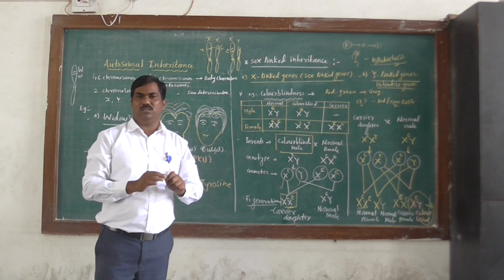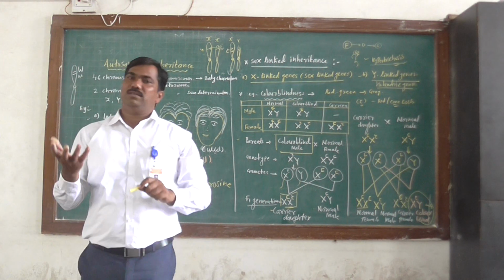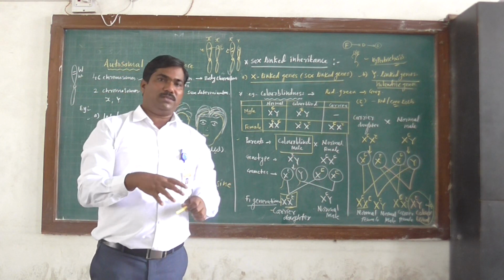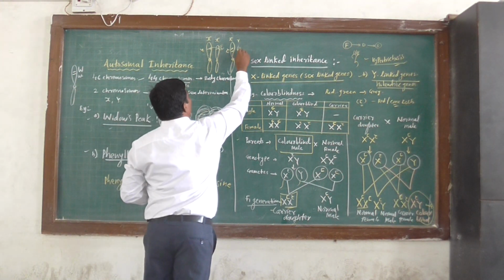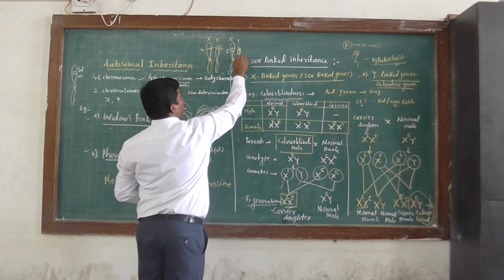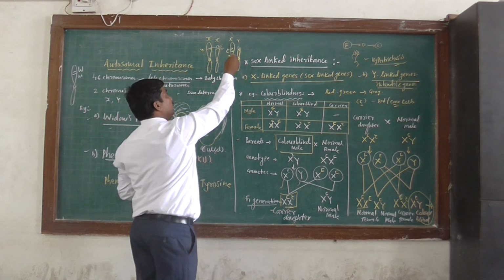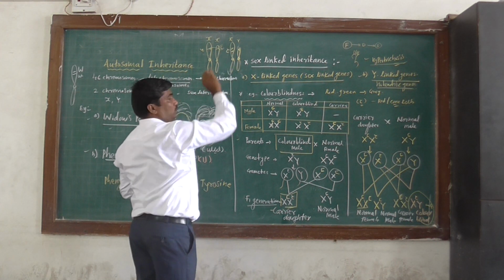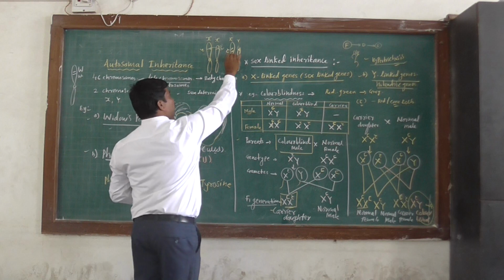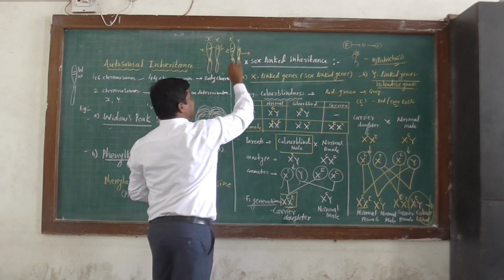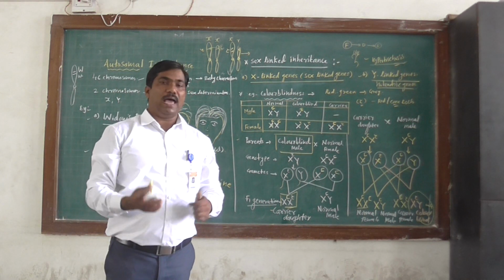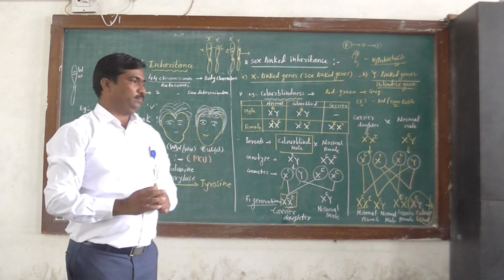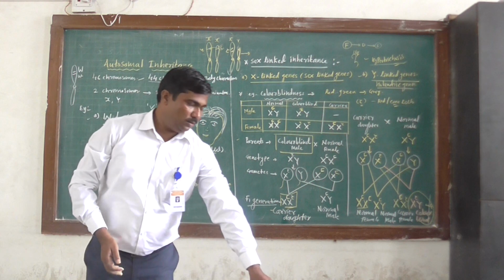If the dominant allele were present on the Y chromosome, it would be suppressed, but the dominant allele is absent on the Y chromosome. The Y chromosome does not contain a dominant allele for the recessive gene present on the X chromosome. Therefore, X-linked traits appear more in males as compared to females. Okay, I think you understood this.